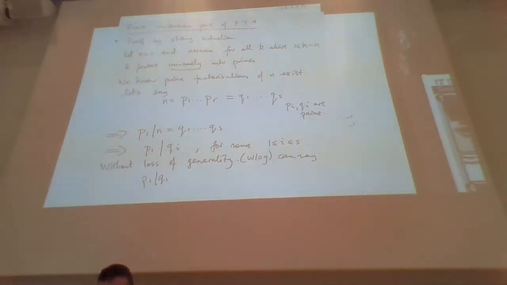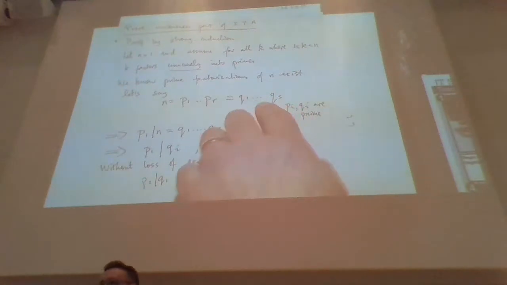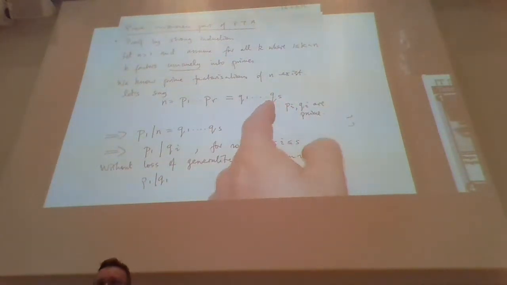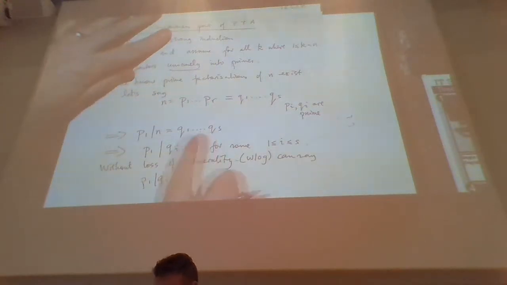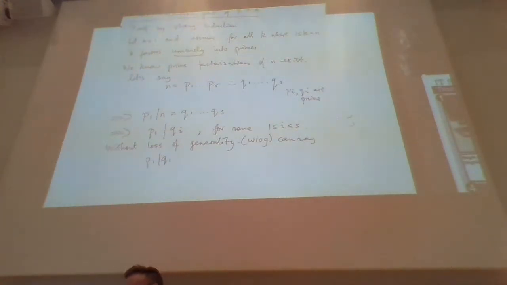Okay, maybe the prime that P1 divides is Q5 or something, but if it is, then we just move Q5 to the front and relabel the Q's so that the one that P1 divides is at the front. It's just a choice with how you order the prime numbers here. So without loss of generality, for this, we may as well say that P1 divides Q1.